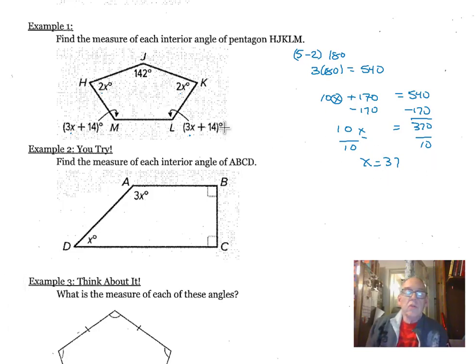If x is 37, twice x is 74. Another twice x is another 74. 3 times 37 is 111. And 14 more than that gives us 125. And same thing for this other angle, 125. So if we add these up, we get 250.